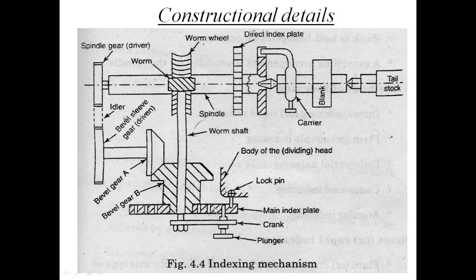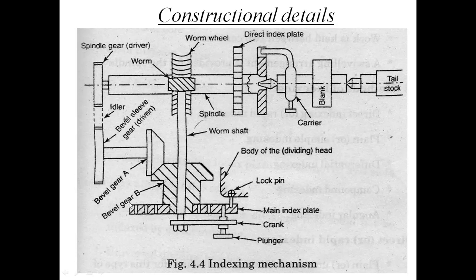Is that clear? The first movement is the rotation of this crank, either clockwise or anti-clockwise. And the second movement is the main index plate rotation, clockwise or anti-clockwise, along with this complete assembly. That means this index plate will rotate with the crank and plunger.